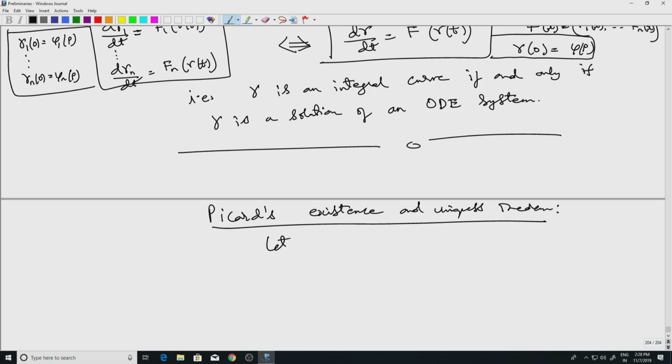Let U1, I'll just keep the same notation as I had before, be an open set, and f from U1 to Rn a smooth function.